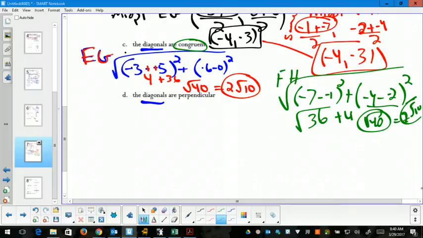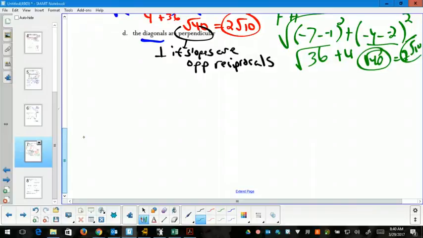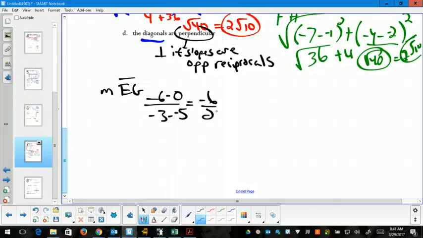And lastly, to show the diagonals are perpendicular, what do I have to calculate? Slope. And they are perpendicular if slopes are opposite reciprocals. So, for the slope of EG, I have -6 minus 0 over -3 minus -5. That's -6 over 2, which is -3 over 1.